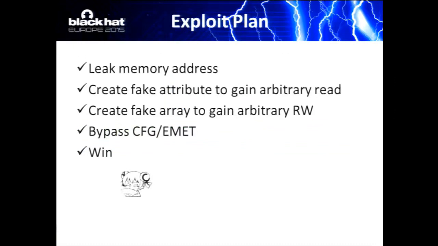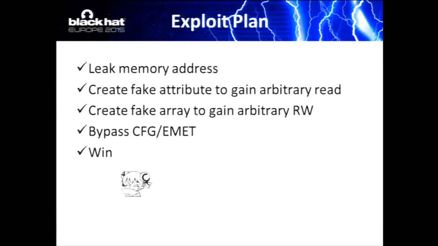To exploit this bug, we have several steps. First, since we cannot directly use the heap spray in 64-bit Internet Explorer, we need to leak the address of some interesting object. After the leak, we are able to make any kinds of fake attributes.